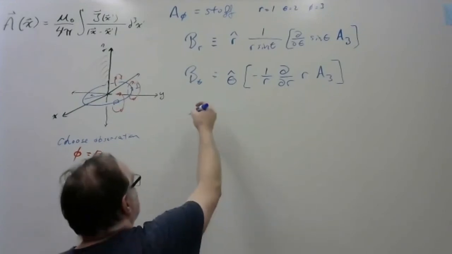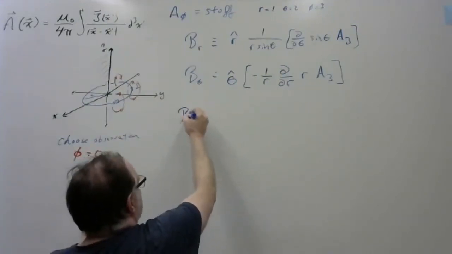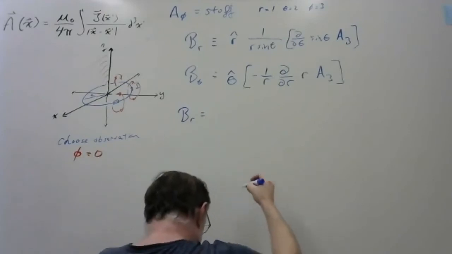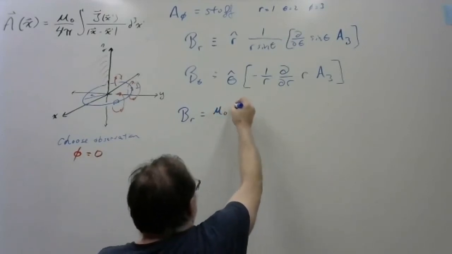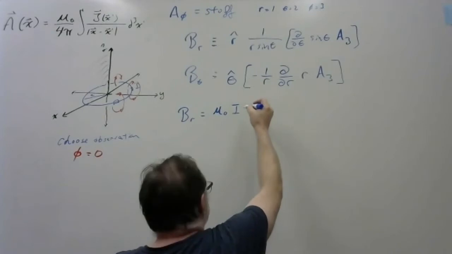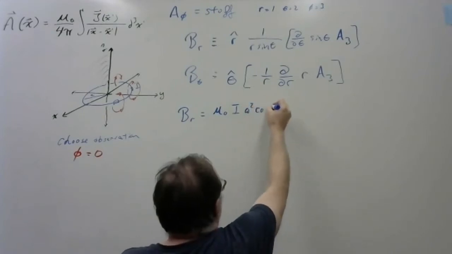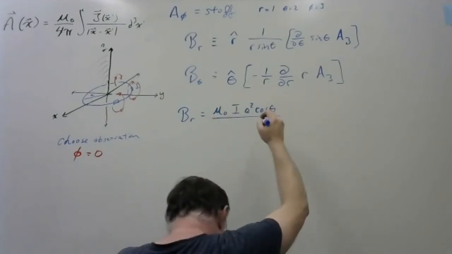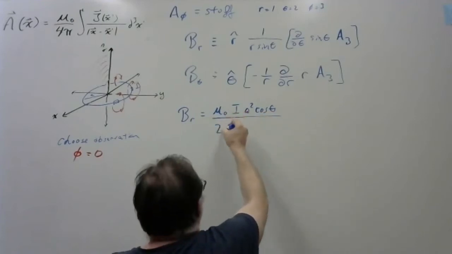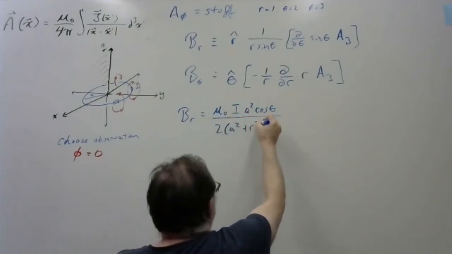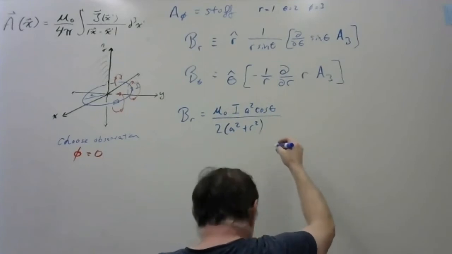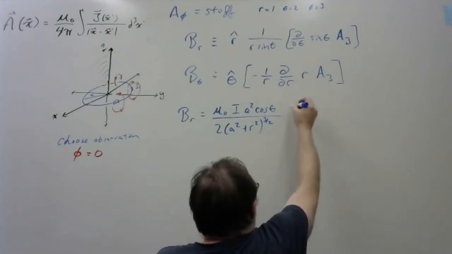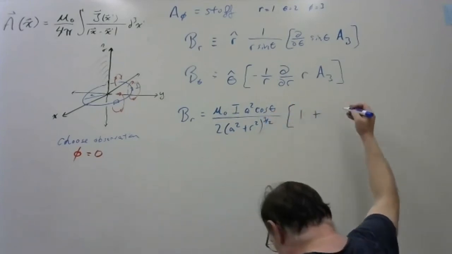The magnetic field in the r direction looks like this: B_r equals mu naught I a squared cos theta divided by 2 (a squared plus r squared) to the 3/2 power, multiplied by 1 plus that mess again.